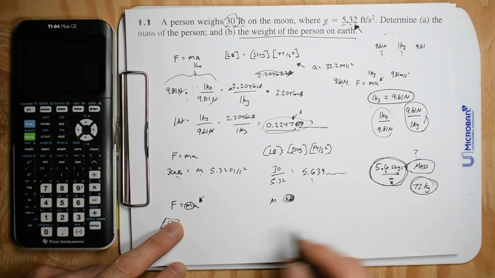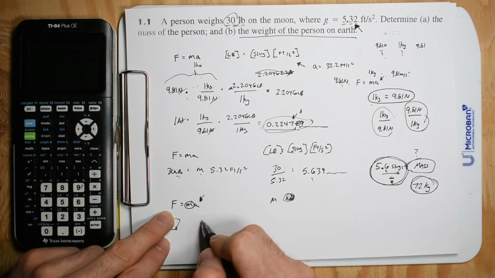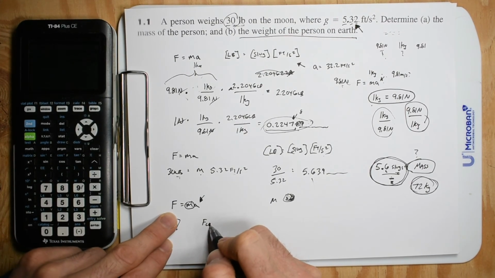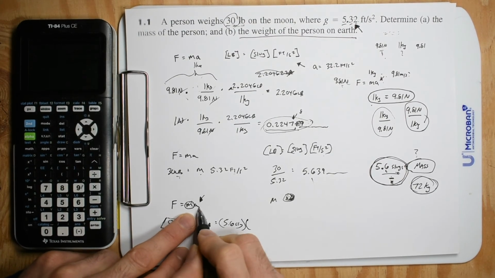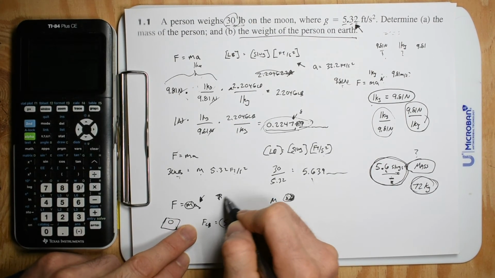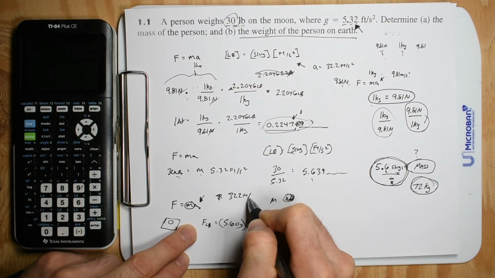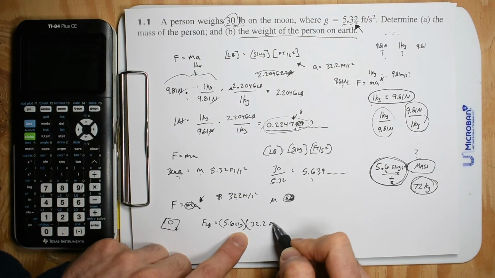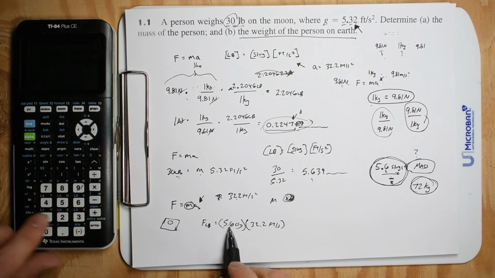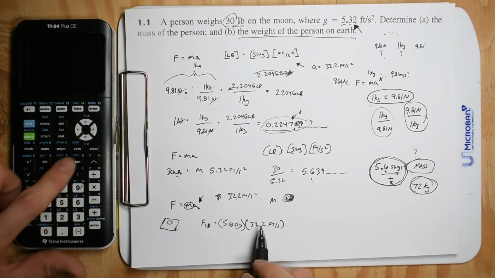Okay, so now we'll do it. We want the force in pounds is equal to 5.6 slugs, and we know the acceleration of gravity on the Earth is 32.2 feet per second squared. That's the U.S. customary units. So we got 5.6 times 32.2.